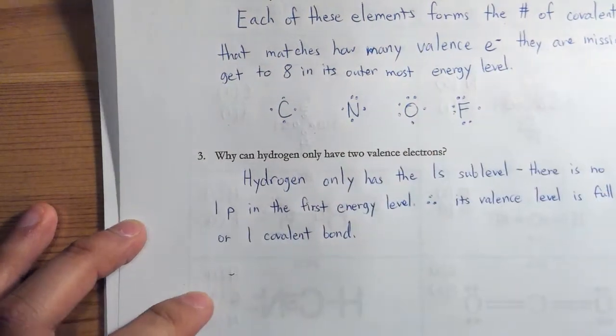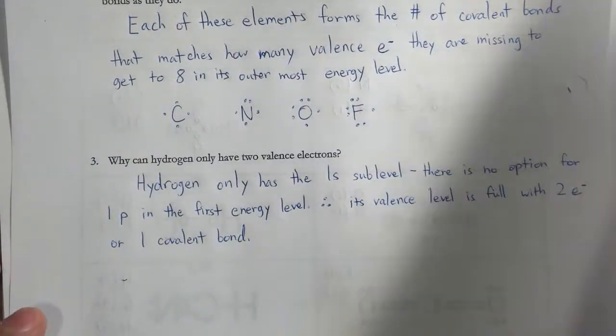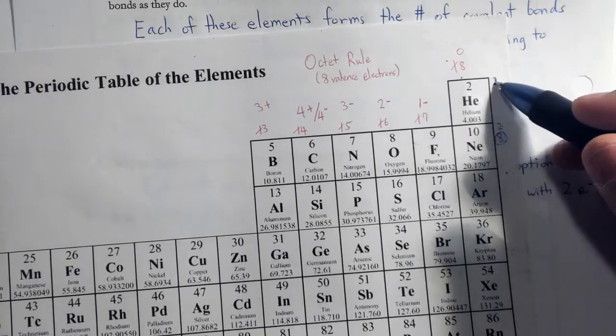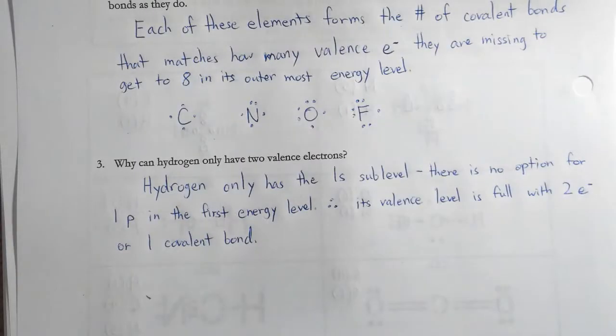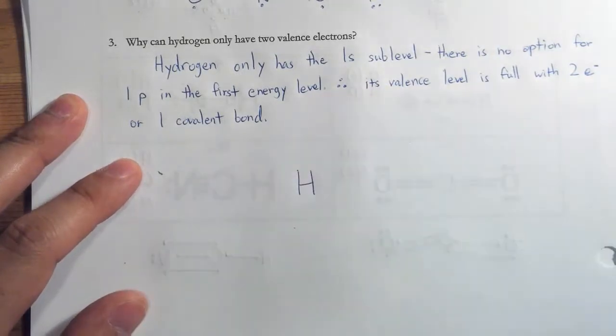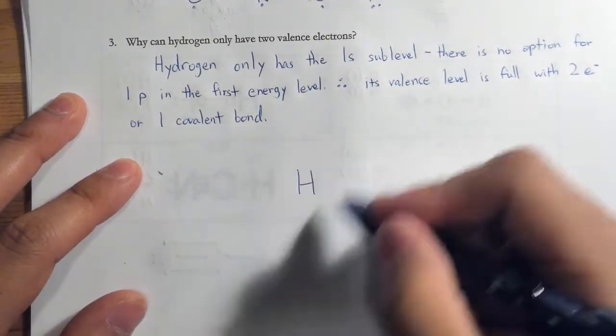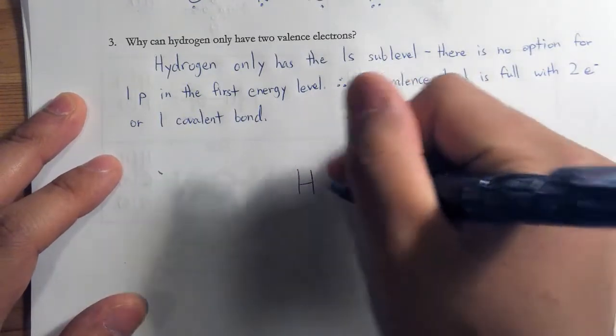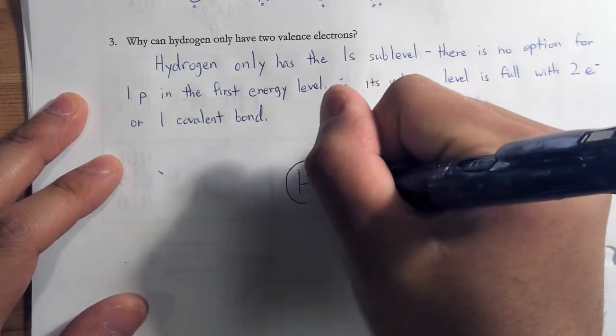To specify more, if you actually look at the periodic table, like I said, on the right side there's 2 here. The reason for that, I'm going to draw this out. So hydrogen, there are all these different circles all around it, but for hydrogen, there's going to be only 1.